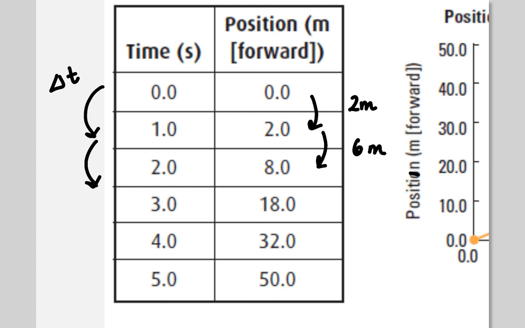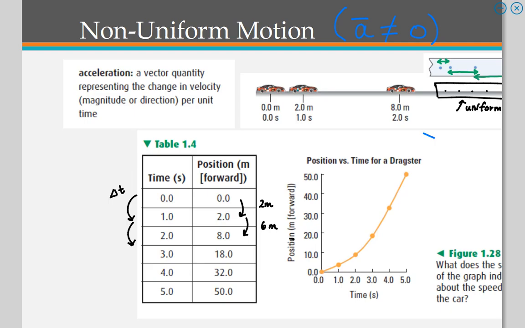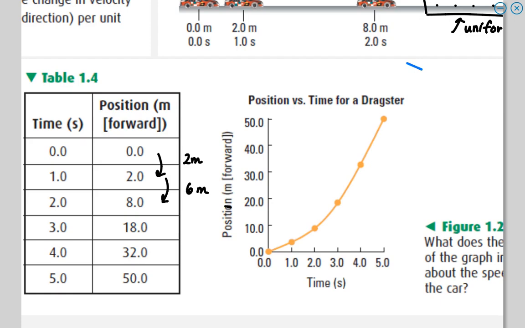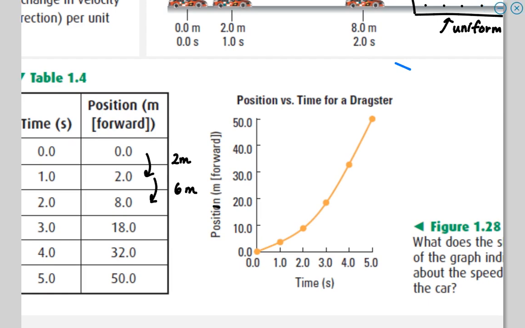For uniform motion, it's 2, 2, 2, 2, 2 after 1, 1, 1, 1, 1 in change. So this is another way to identify non-uniform motion. And you can keep going with this pattern. The next one is 10. The next one is 14. And then this one is 18.